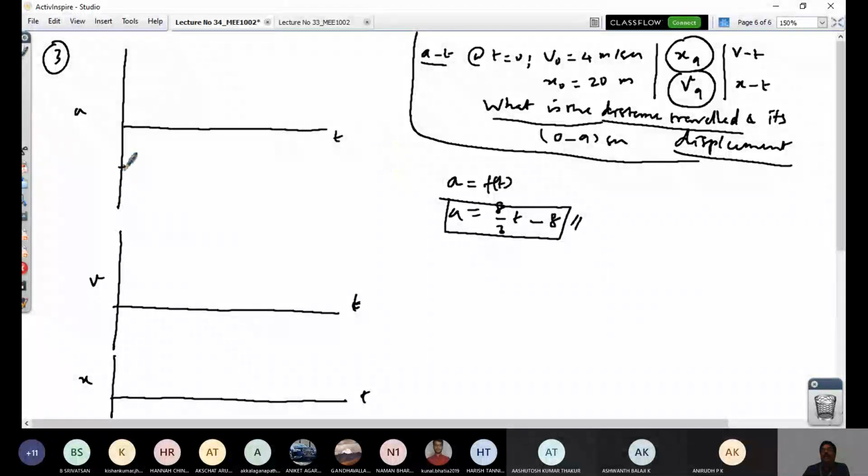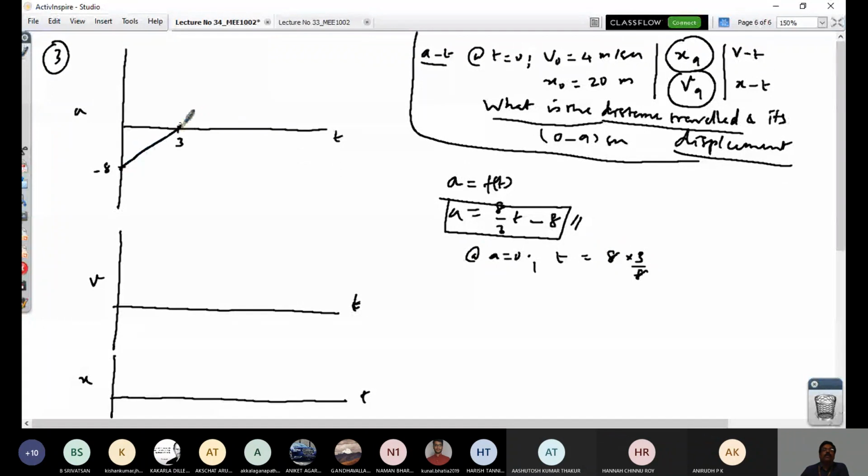It is a linear variation. When a is 0, t is 8 by 3 t equals 8, so t is 3. So at 3 seconds, it will be 0.